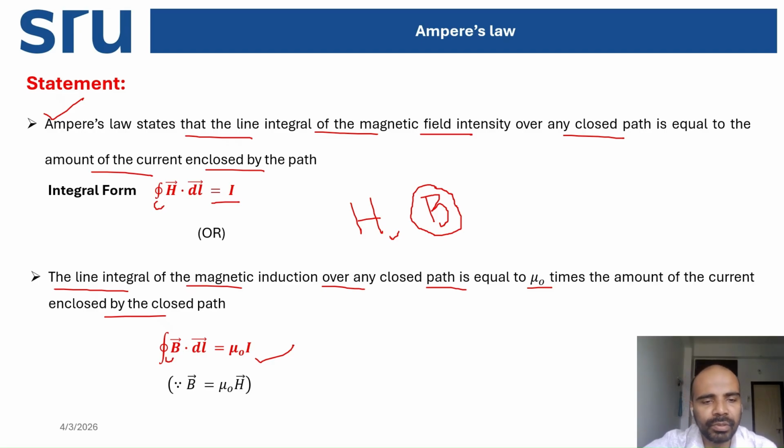We know that the magnetic induction B is equal to mu naught times the magnetic field intensity H. This is the relation between B and H in free space.